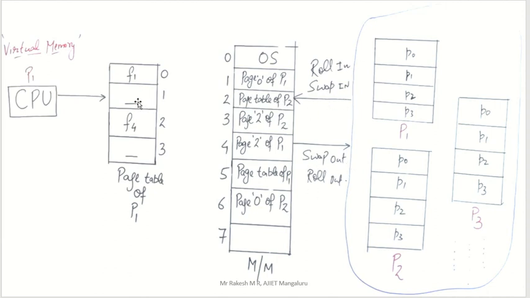Here, now the CPU will ask, I want the 0th page of process 1. Now it will check the page table of process 1. It asks for the 0th page of P1. In the page table, the 0th page is there in frame 1.